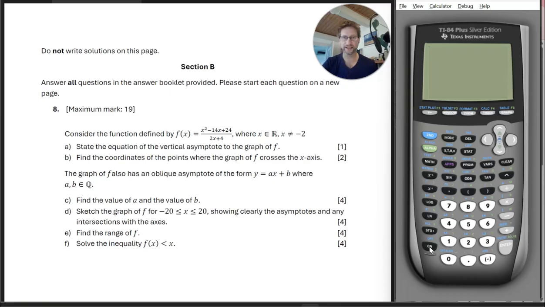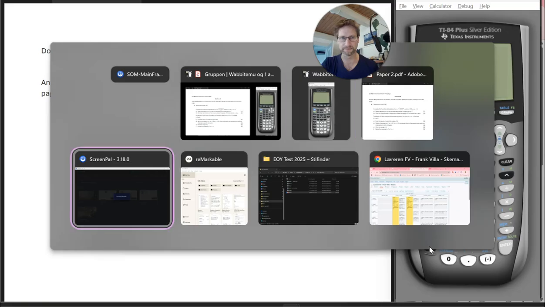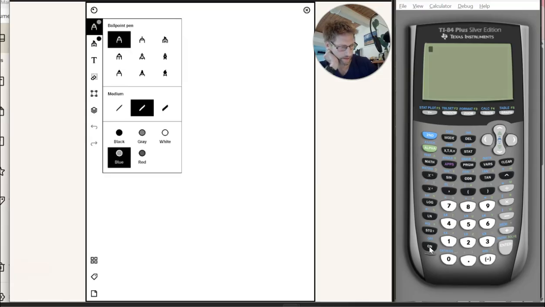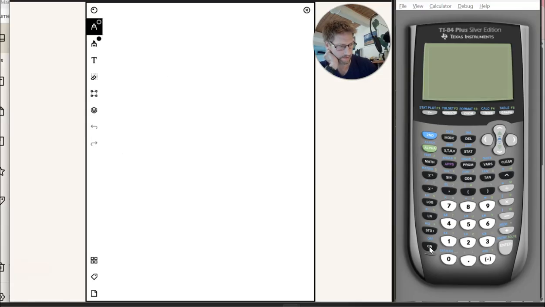So for question A, I am not really sure if I'm allowed to do this, but I go to my answer booklet, and I should write in black. And we make sure to fill in those number boxes saying that this is question 8.